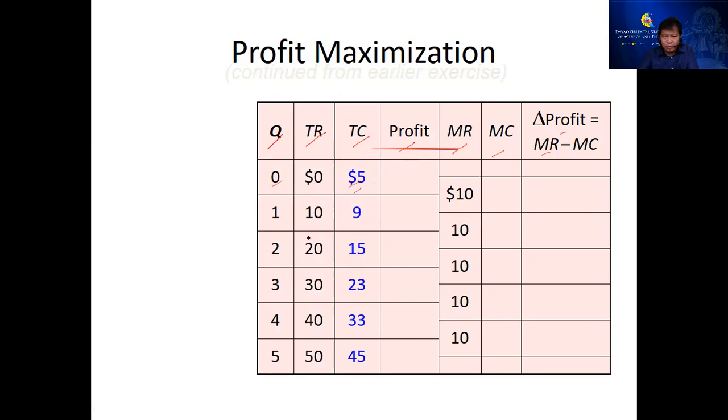Okay? So maproduce siya isa ka unit, naa siya cost nga 9, maproduce siya daghan, motaas ang iyang cost, ang iyang puhunan, sa pag-produce. Okay? So ang profit, okay.